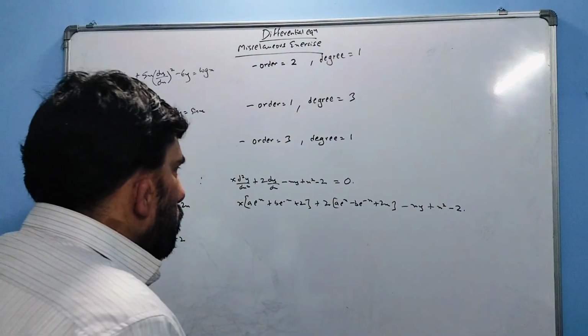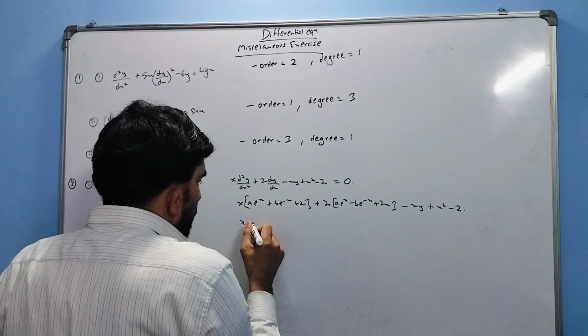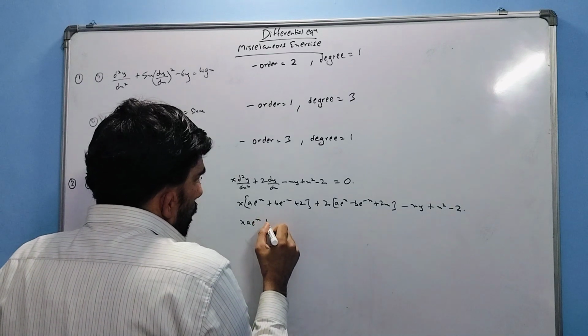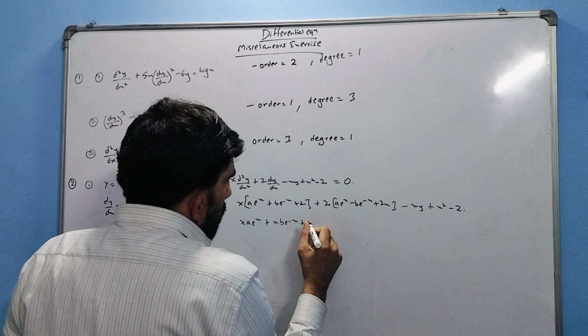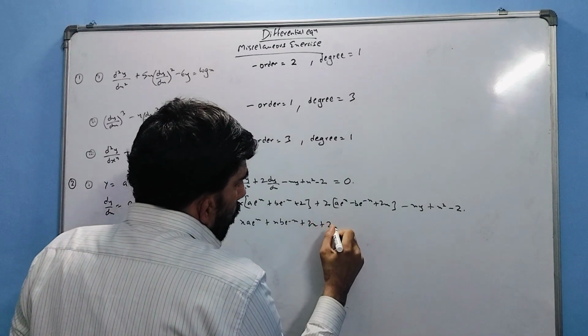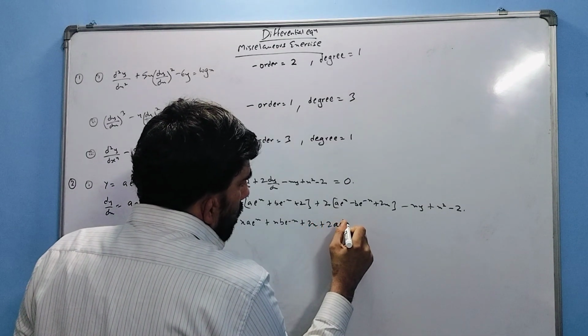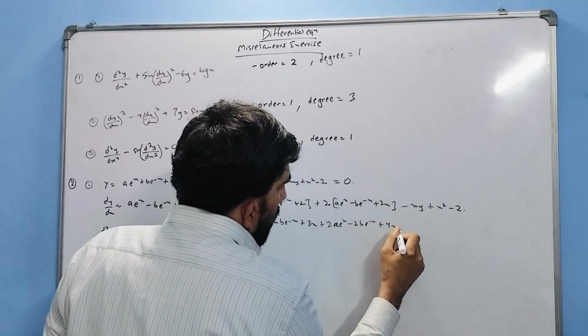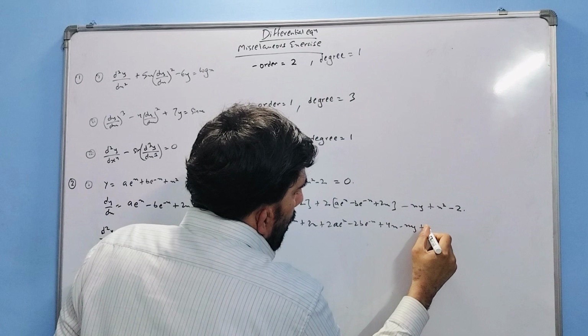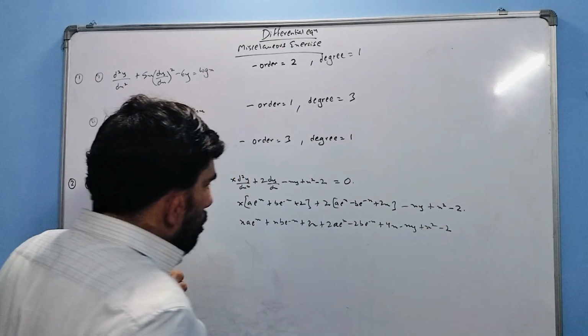Let us try to solve this. What we got here: x ae^x plus x be^(-x) plus 2x plus 2ae^x minus 2be^(-x) plus 4x minus xy plus x square minus 2.